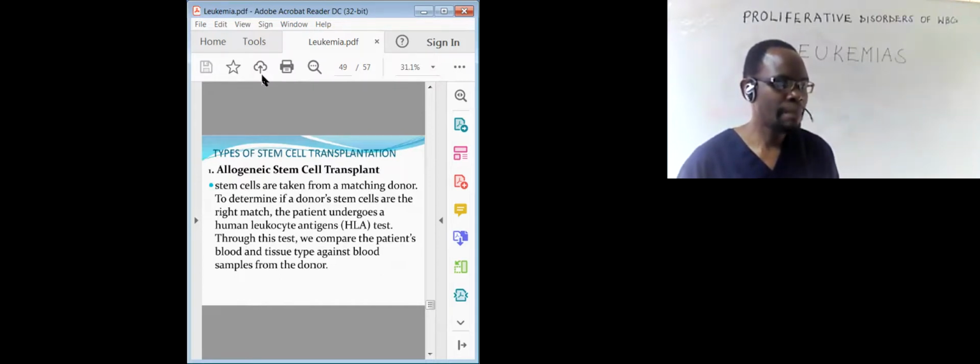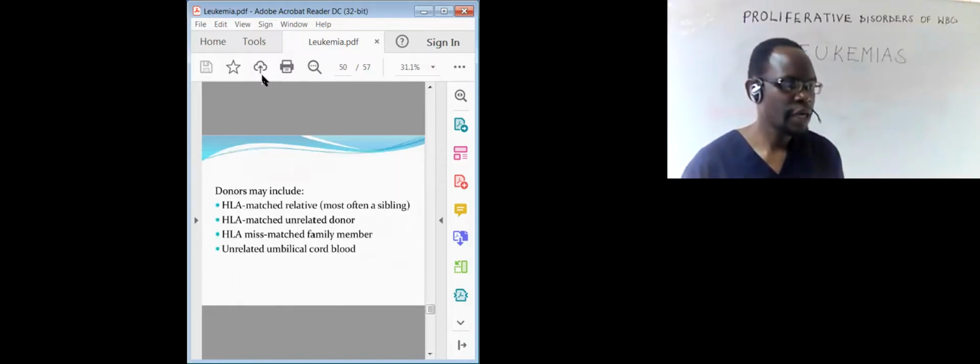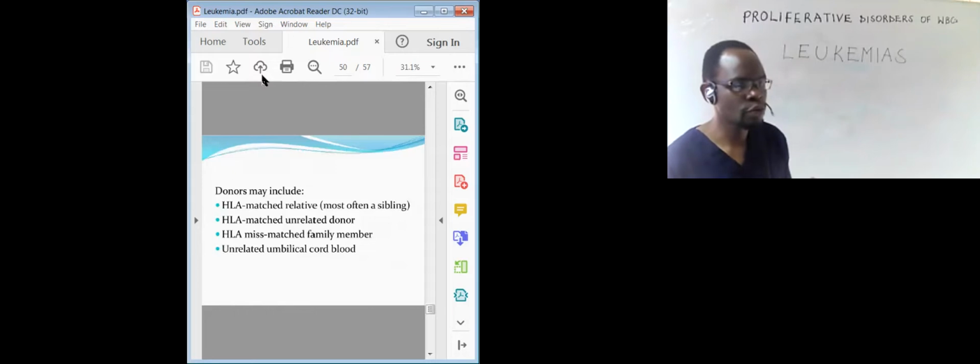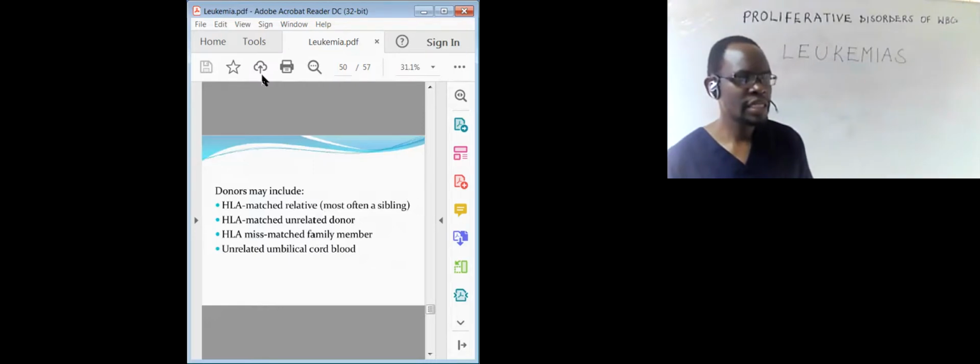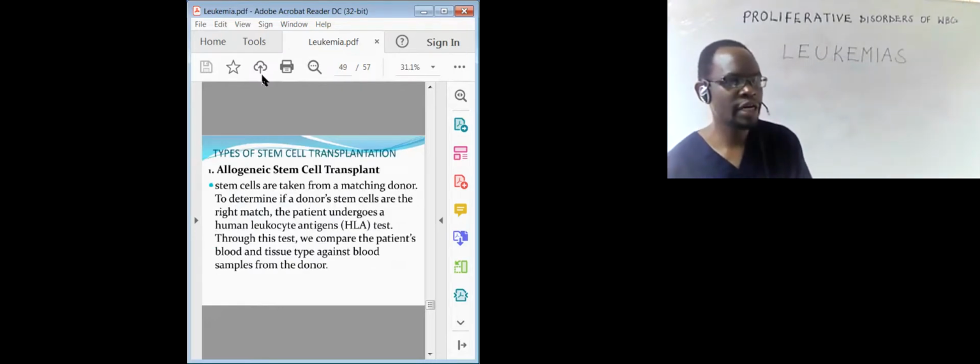The patient undergoes the human leukocyte antigen test, and through this test we compare the patient's blood and tissue type against the samples from the donor. So donors may include a sibling, an unrelated donor, a mismatched family member, or unrelated umbilical cord blood. These are the allogeneic donors.